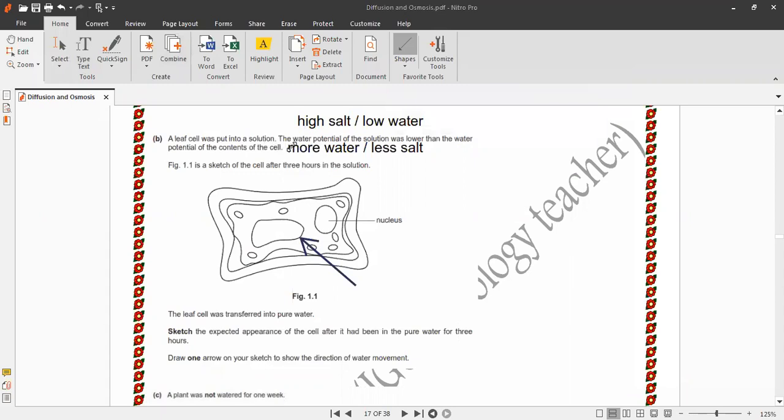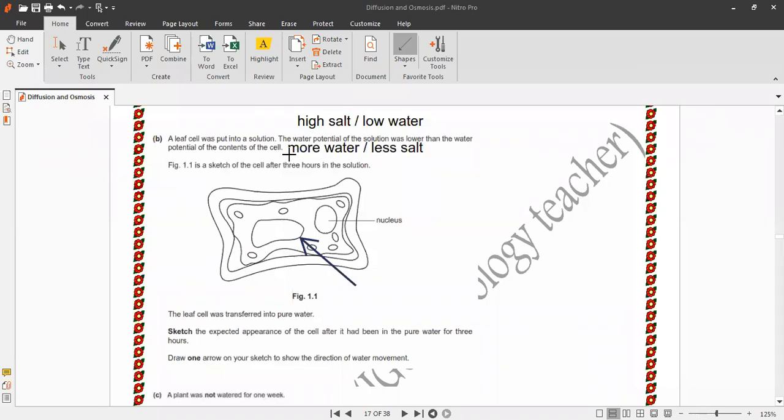Because here the water potential of the solution was lower than the water potential of the content. So inside the cell, more water but less salt. But here, when you put the cell in the pure water for 3 hours, what happens?